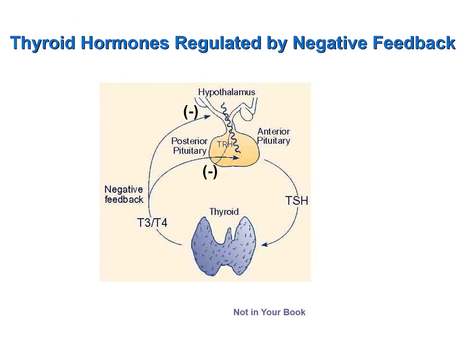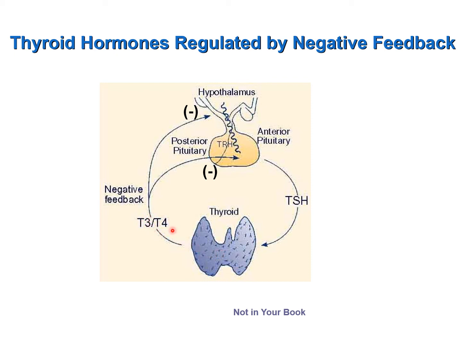Let's look now at the regulation of thyroid hormones, because it will explain why an iodine deficiency causes enlargement of the thyroid. So the hypothalamus, as you know, produces thyroid releasing hormone, which causes the anterior pituitary gland to produce thyroid stimulating hormone. Thyroid stimulating hormone literally stimulates the thyroid to increase its production of T3 and T4.